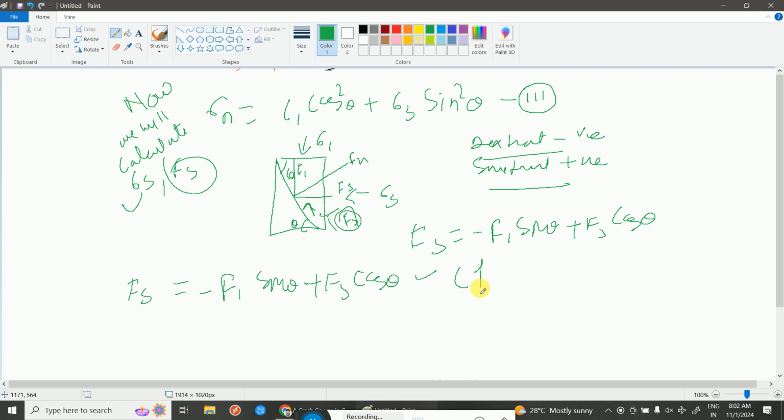In this equation we will put the value from equation 1 and 2, the value of F1 and F3.